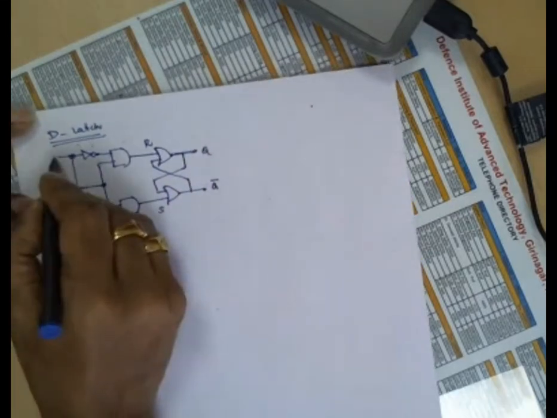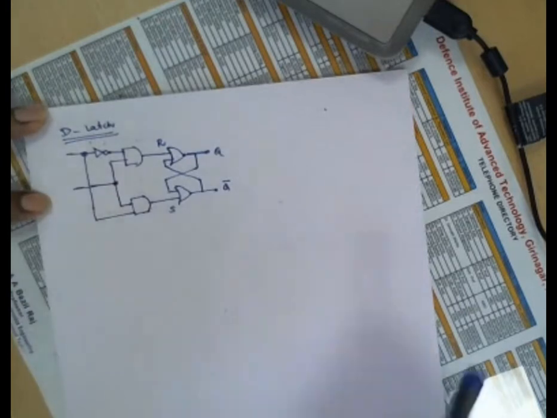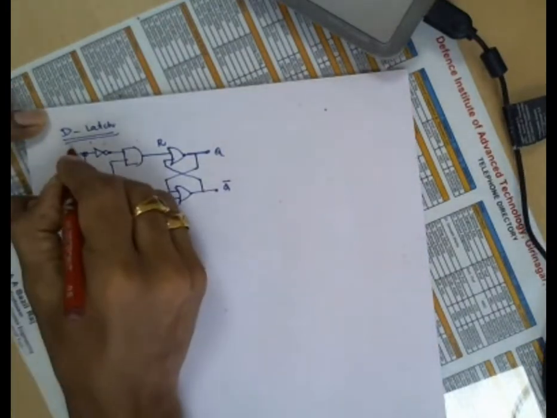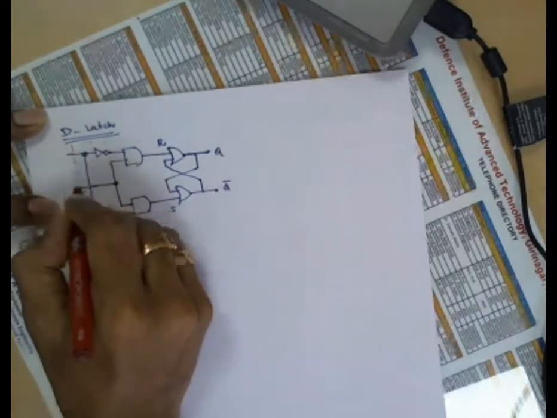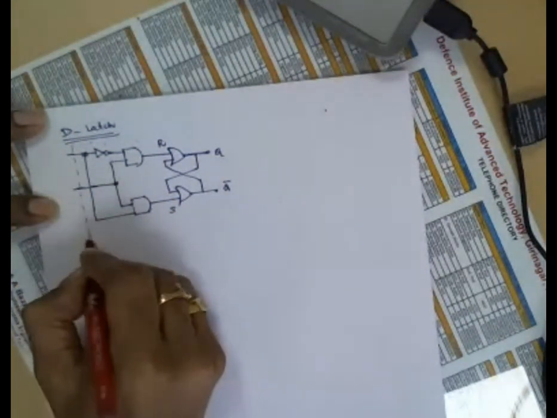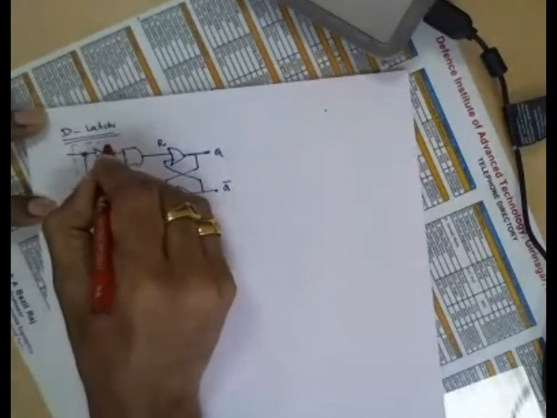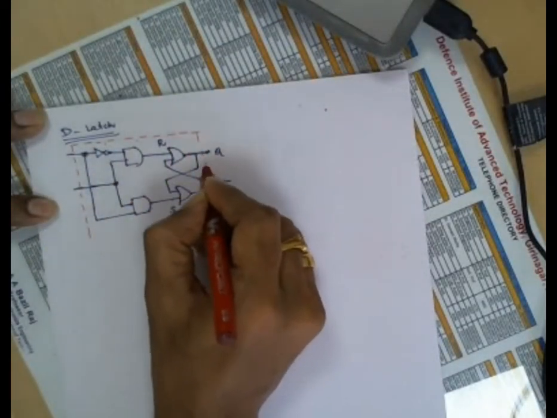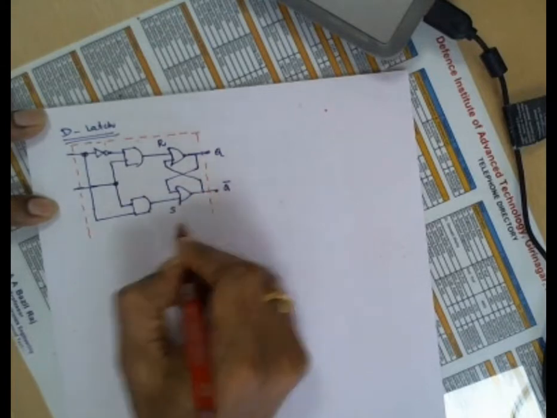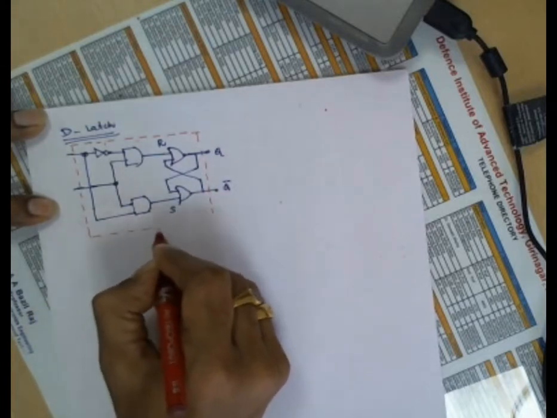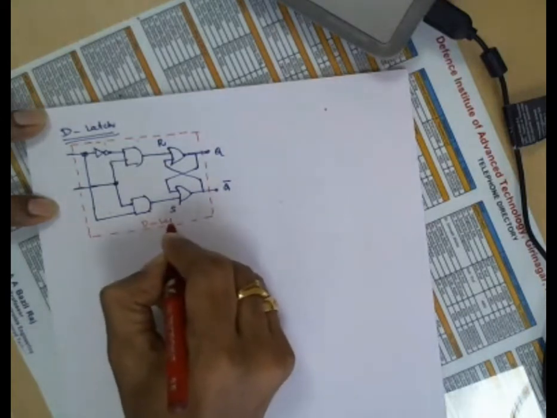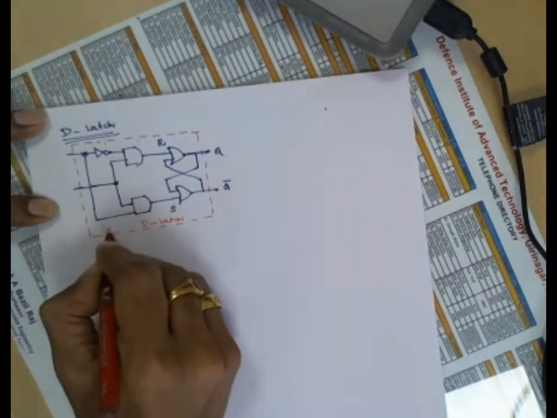Q bar. This is nothing but SR latch. Sorry, D latch. If you take your commercial IC, this is the T latch, controlled T latch.